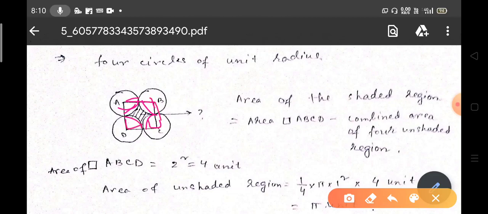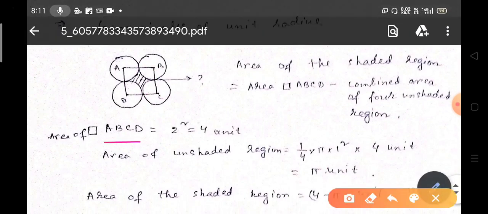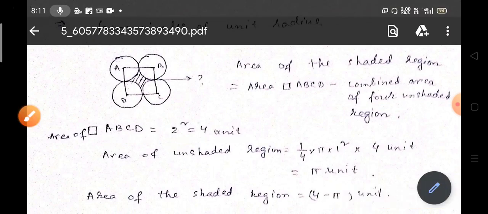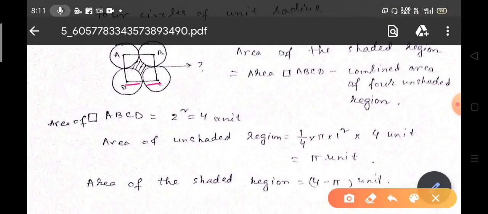If you find the total area and subtract this area, you get the shaded region. First find the area of the square ABCD: since each side is 2 units, 2 square equals 4 units.